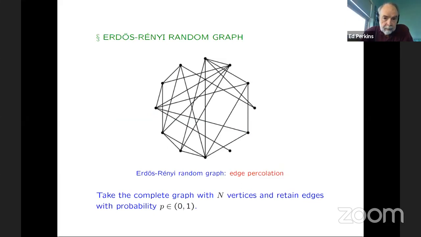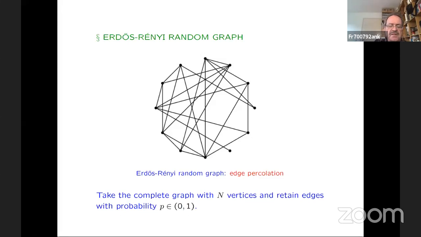Okay, so now we're going to really bite the bullet and say what happens when we move away from this complete graph, which led to a high degree of symmetry where we could do this lumping. So we're going to look at the Erdős-Rényi random graph.